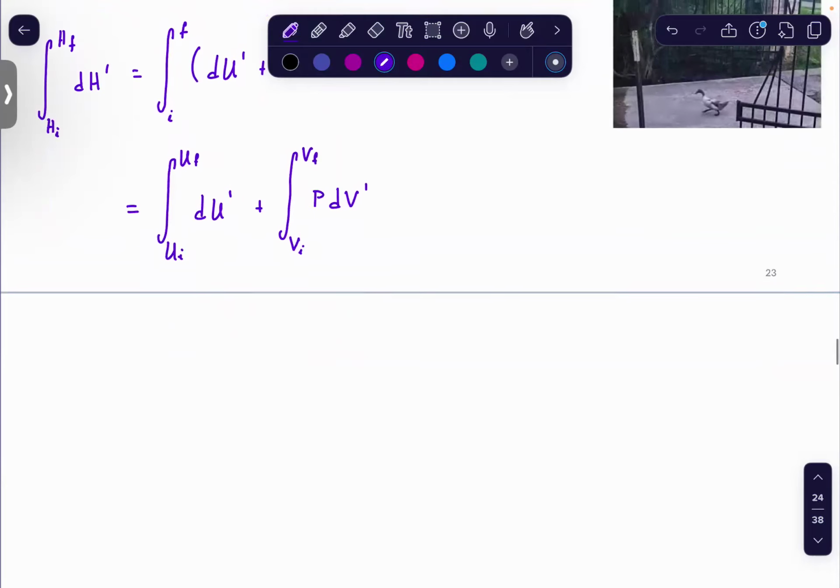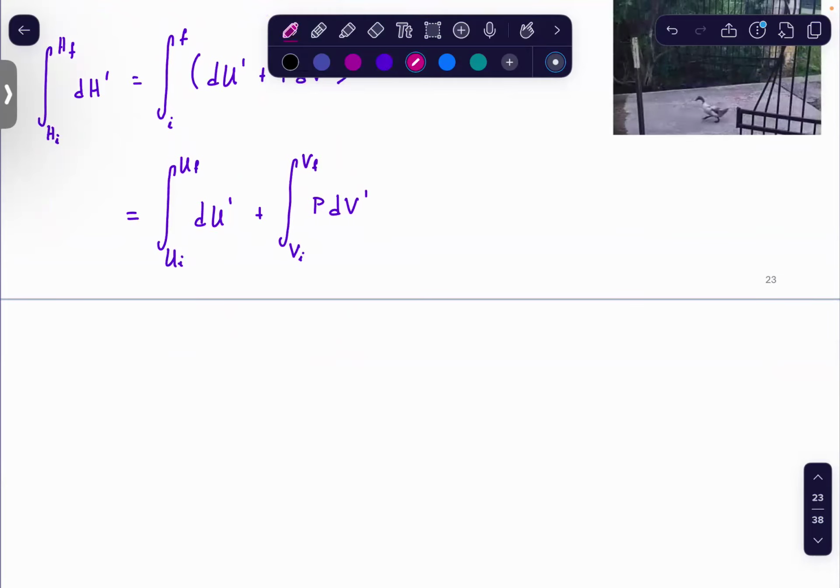Now, the way integrals work is P is constant, so constants can pull outside of the integral just the same as they can with sums. Like let's say I had the sum of P times V, and I'm summing over V. Well, P is a constant, so it can pull out in front of the sum. Same thing here.